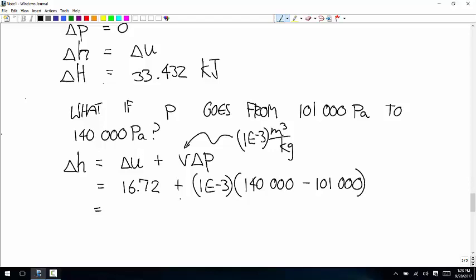And so you get 16.72 plus 39. So 55.72. This is in kilojoules per kilogram.